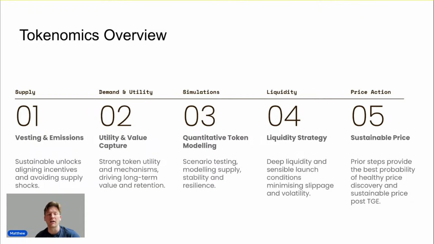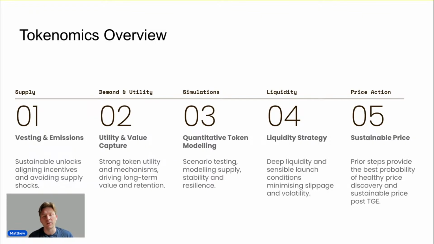So that's things like our token vesting, our token emissions, which are also underpinned by how we sell our token, both privately and publicly, to VCs, investors, and to retail participants or otherwise in different sale formats. So we want to look for sustainable unlocks, and we want to align incentives and avoid supply shocks.